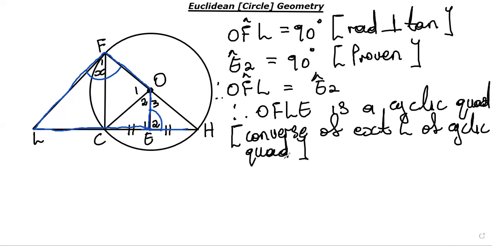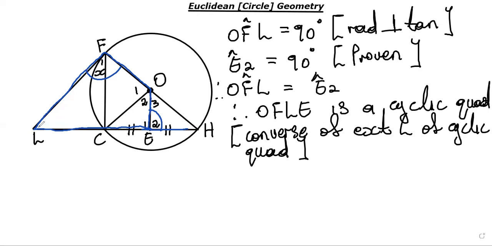So it's the converse of that theorem. If an exterior angle of a quadrilateral is equal to the interior opposite angle, then that quadrilateral is a cyclic quadrilateral. So it's a converse. Awesome. So we are done with this one.